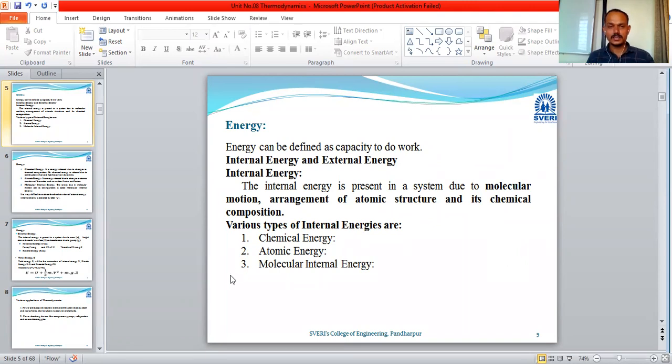In atomic energy, in nuclear power plants, we can see the example for the atomic energy. That is, in a nuclear power plant, we have metals like uranium, thorium. Okay, by splitting the atoms of that uranium and thorium, we get a large amount of energy.